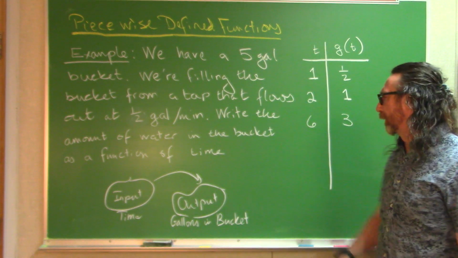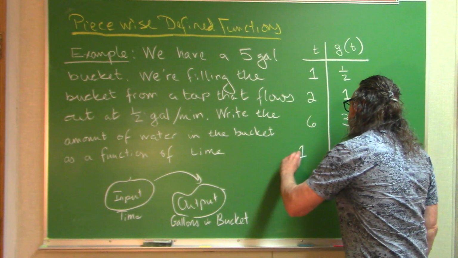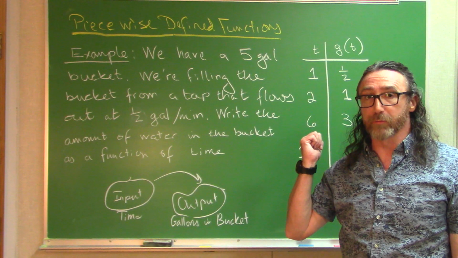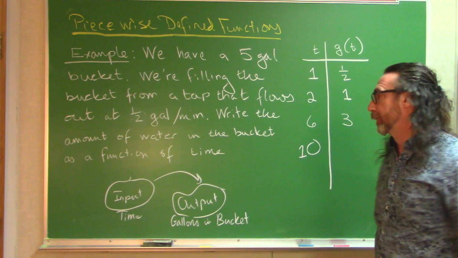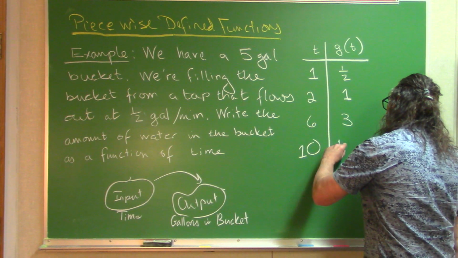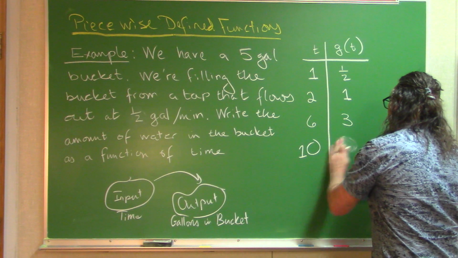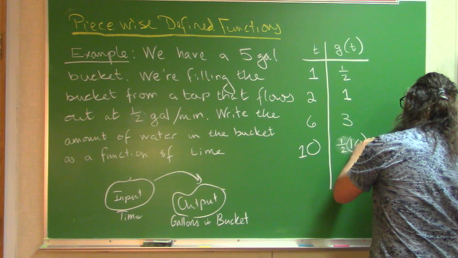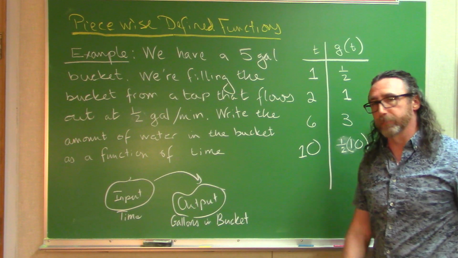Sort of. Let me show you what I mean. If I let the water run for 10 minutes, then I would have 1/2 of 10, in other words, 5 gallons in the bucket.